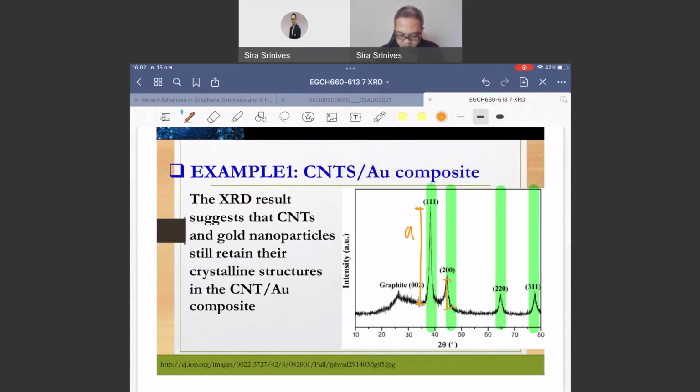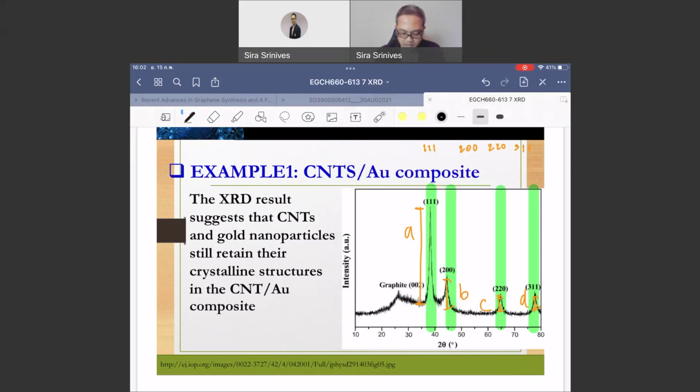I would say this is B, C, and D, and maybe I just divide everything with A. That means this is the 111 plane, 200 plane, 220 plane, 311 plane, right?